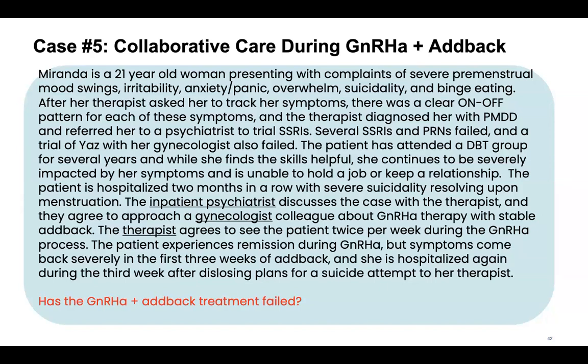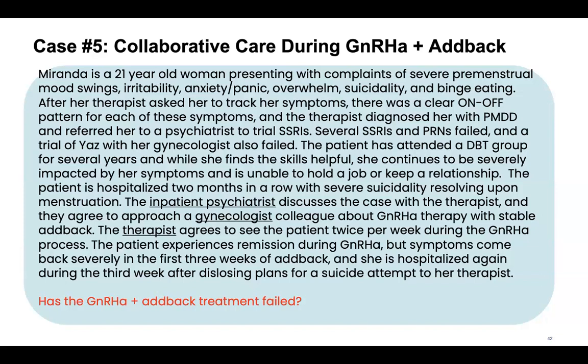Several SSRIs and PRN medications failed, and a trial of Yaz with her gynecologist also failed. The patient has attended a DBT group for several years, and while she does find the skills helpful, she continues to be severely impacted by her symptoms and is unable to hold a job or keep a relationship.